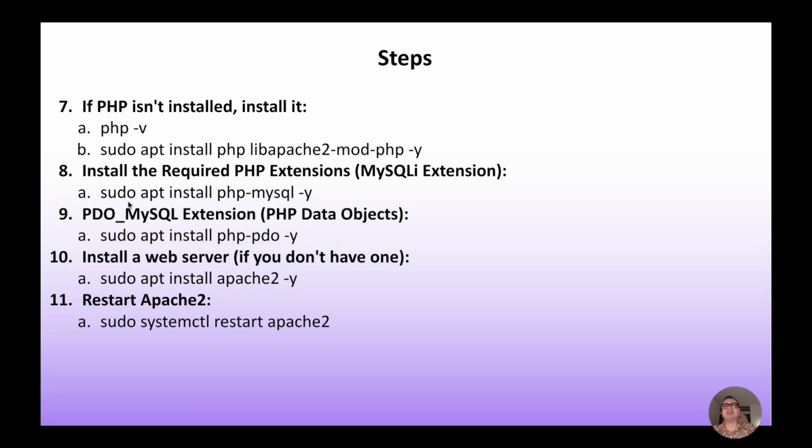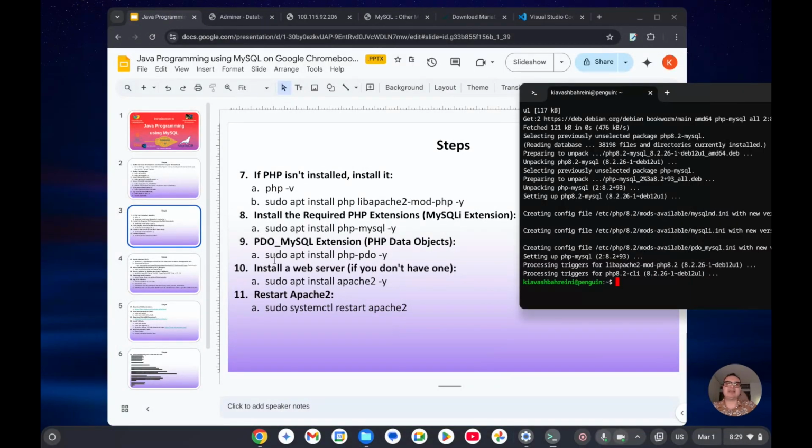Let's also install this optional extension for PHP. In that case, we should enter this command. We say sudo apt install php-pdo, which stands for PHP Data Objects, space -y, and press enter.